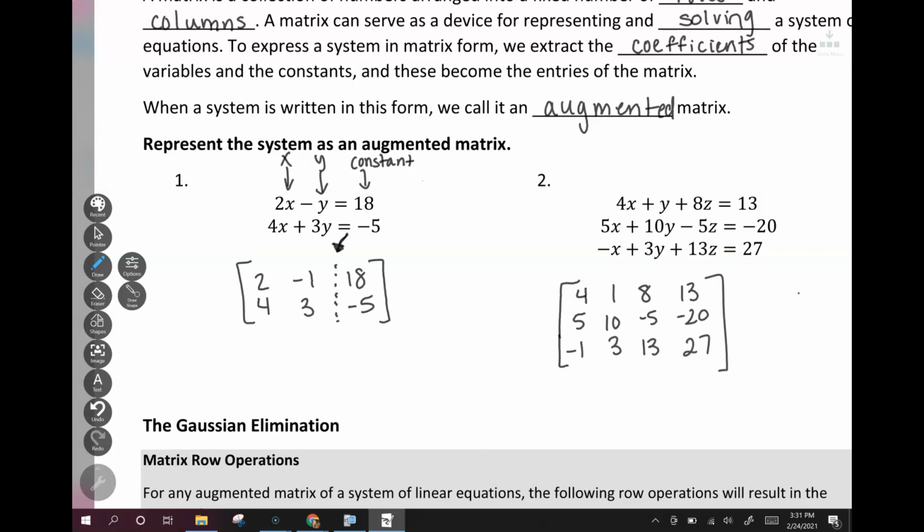And if there were a variable missing completely from an equation, like let's say this y hadn't been there at all, you would want to put a 0 as a placeholder there.